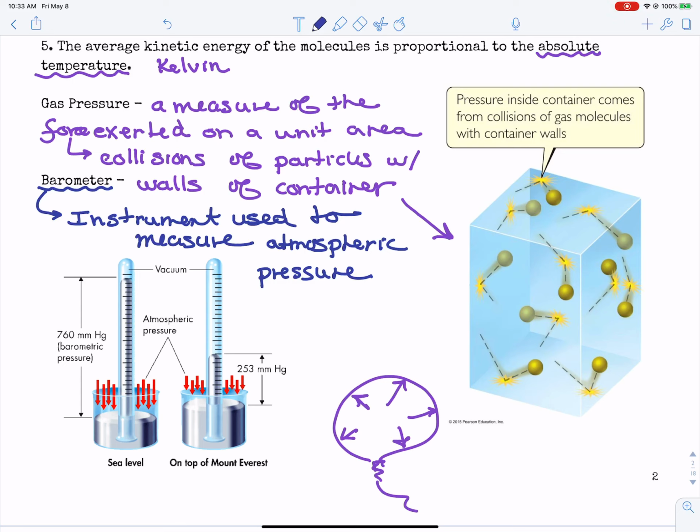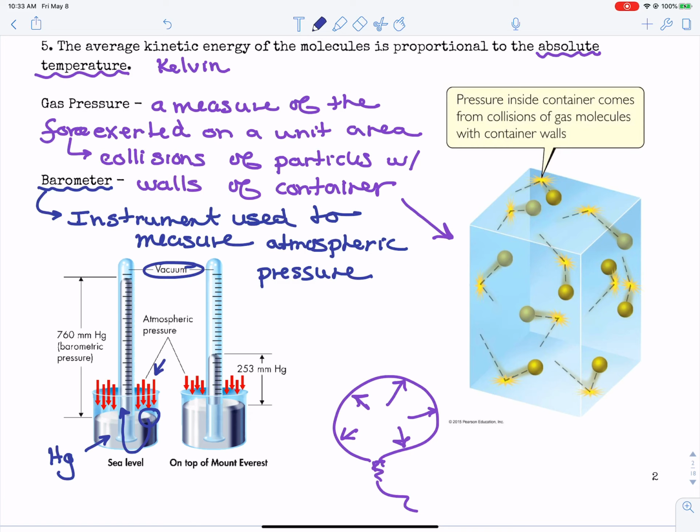Basically, how a barometer works is an inverted glass tube that has no air inside of it. That's why it's a vacuum. It's often inverted into mercury, literally the liquid metal mercury. And the air molecules collide with the pool of mercury and basically push this column of mercury up.